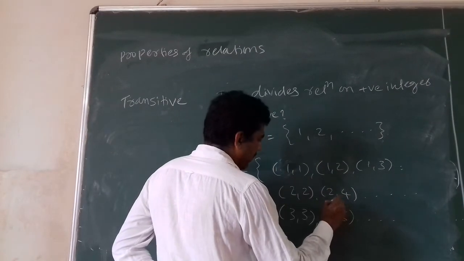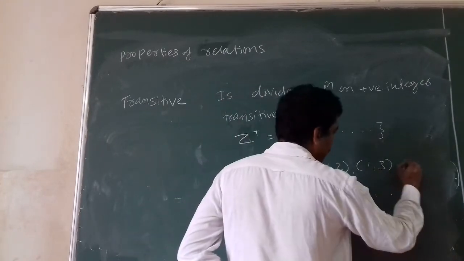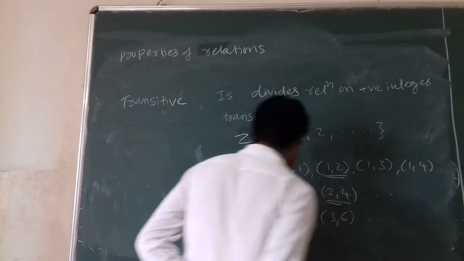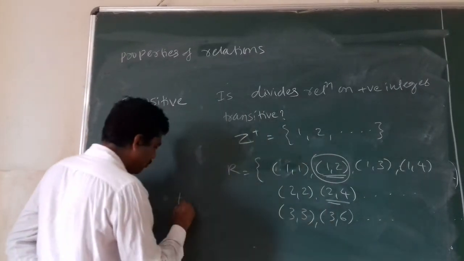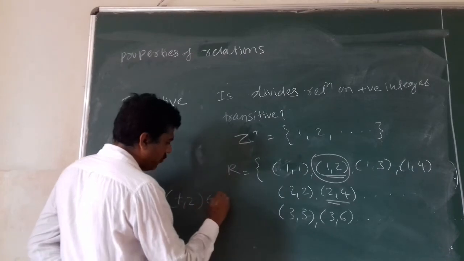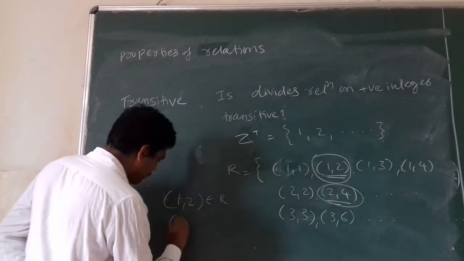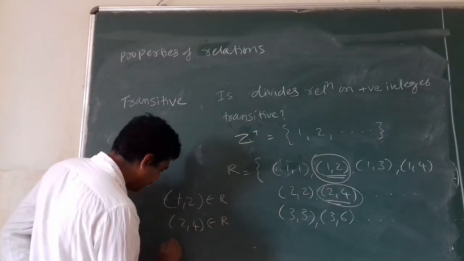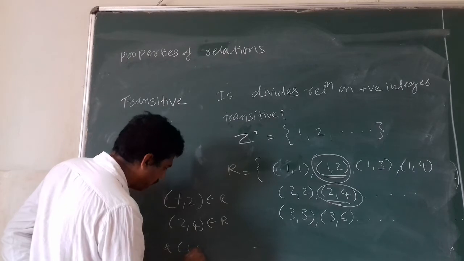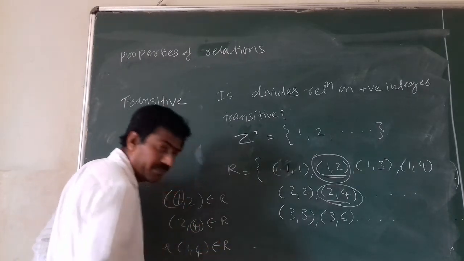Now you will observe that (1,2) is there and (2,4). Obviously (1,4) is there. So we see that (1,2) belongs to R, and (2,4) also belongs to R, and (1,4) also belongs to R. Right?